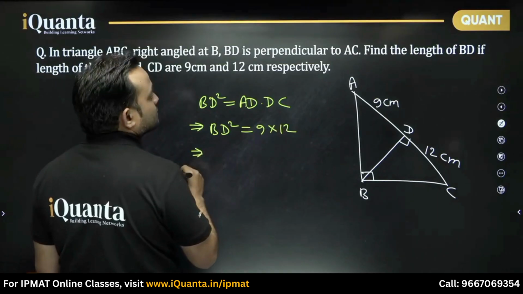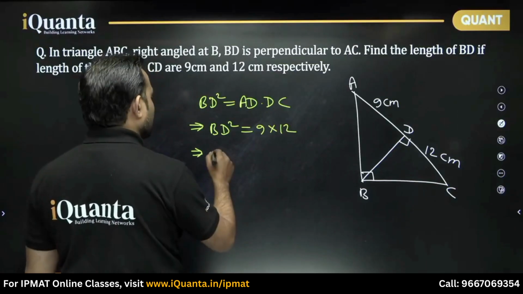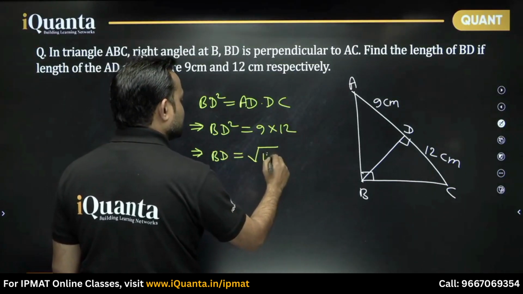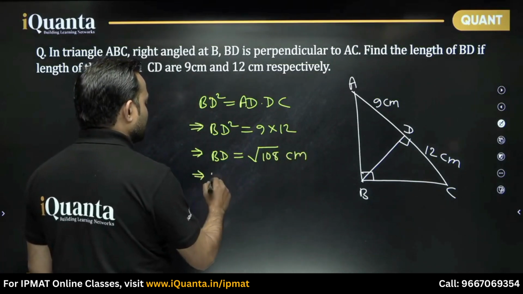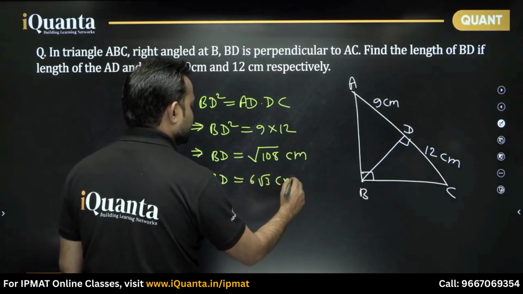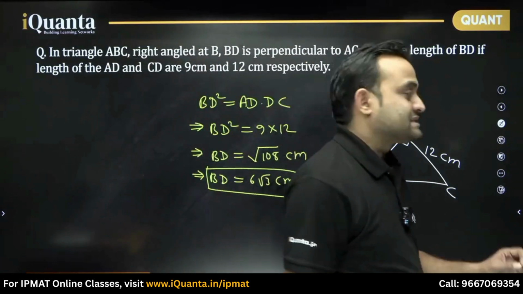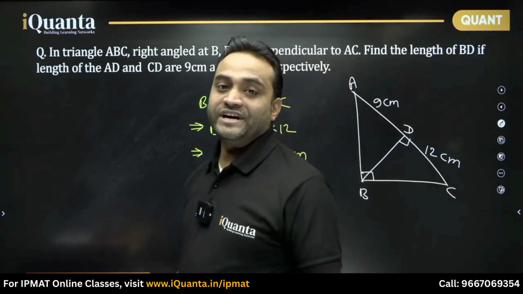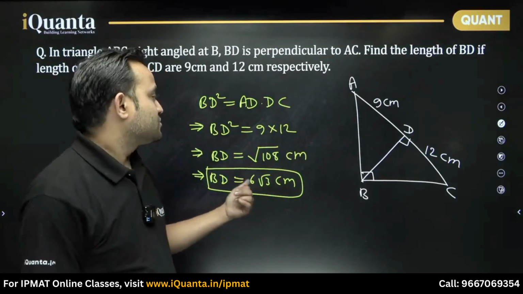Then BD will be equal to square root of 108 centimeters, right? Or BD can be written as 6 root 3 centimeters. That is our answer. 9 into 12 is 108. 108 is 36 into 3. Square root of 36 is nothing but 6. So 6 root 3.